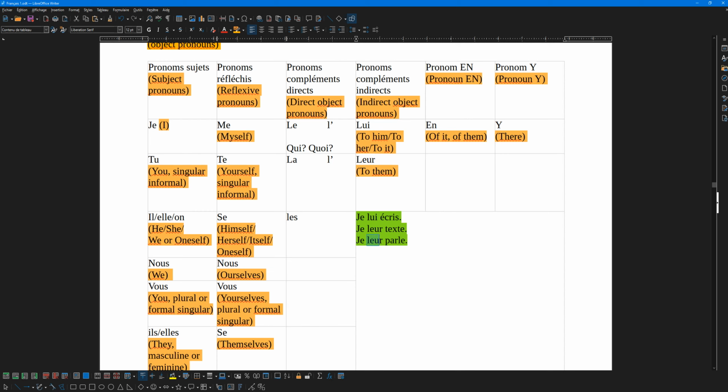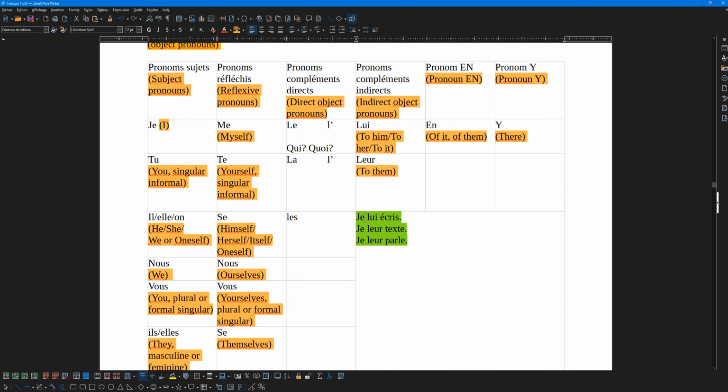Why? Because this is the pronom complément. It's in front of a verb. If I say leur chien, their dogs, I have a noun, not a verb, and in front I have leur with an S that represents the plural of the word. So there's a difference.